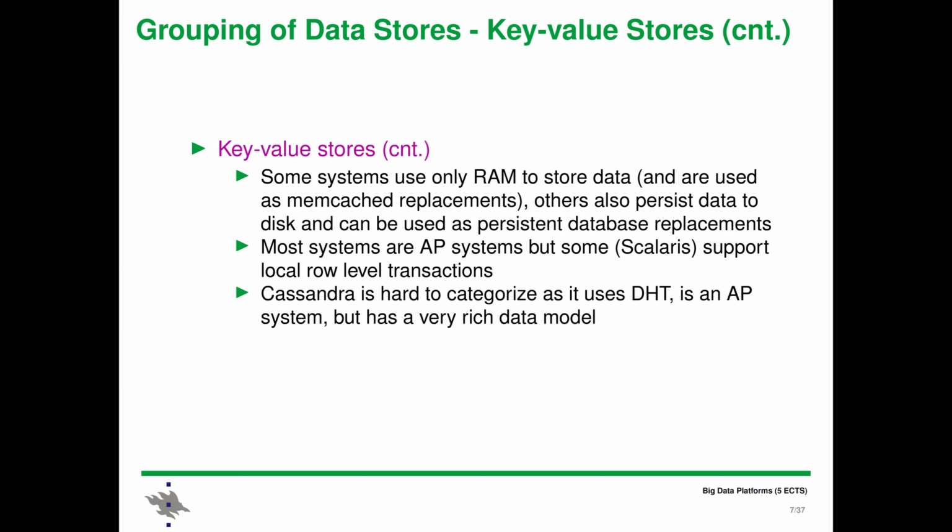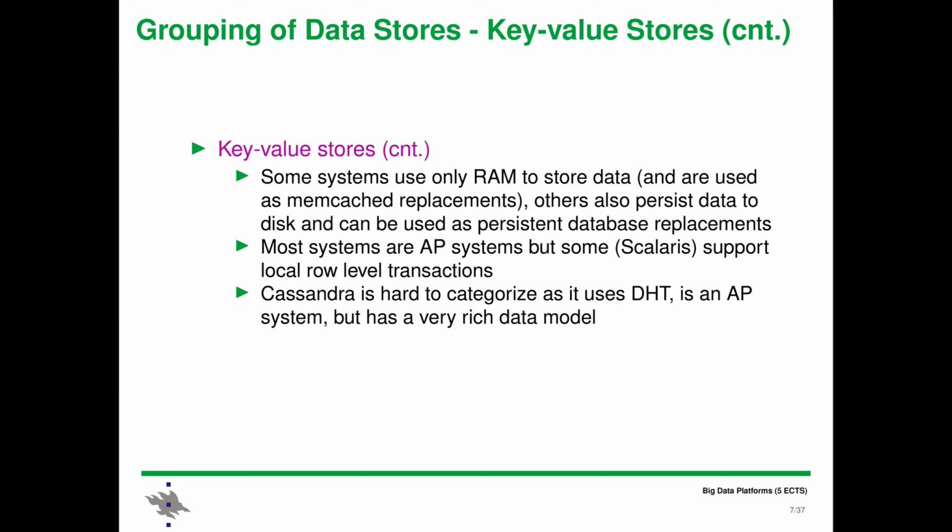Now, Cassandra is hard to categorize as a kind of cloud data store, as it uses a distributed hash table. So it's using the same technology as these other key value stores. It is an AP system, so it prefers to be available instead of insisting on being consistent, but it has a very rich data model.